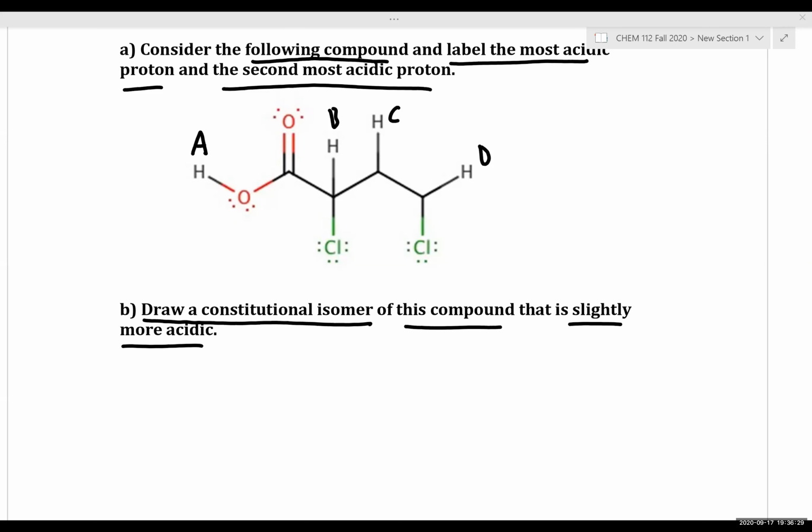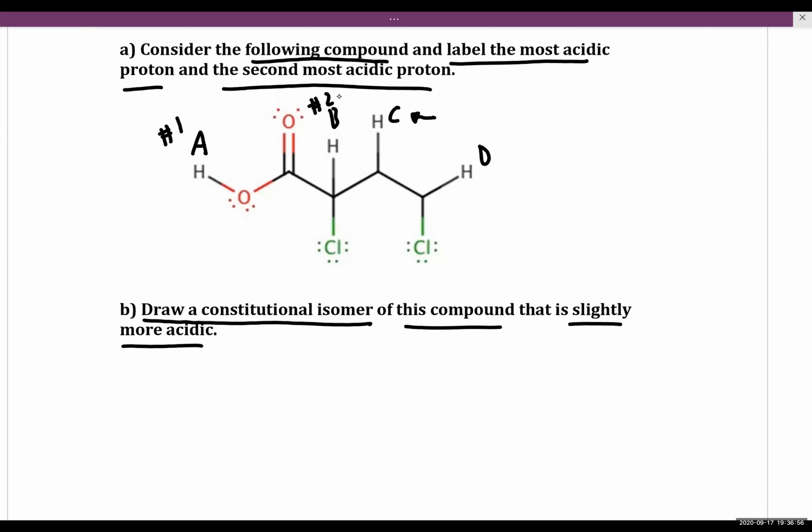So one of your classmates is suggesting that proton C is the most acidic. Does anyone have another proposal? So we have some assignments that A is the most acidic and B is the second most acidic. Okay. Does anyone have another proposal that we'd like to consider?